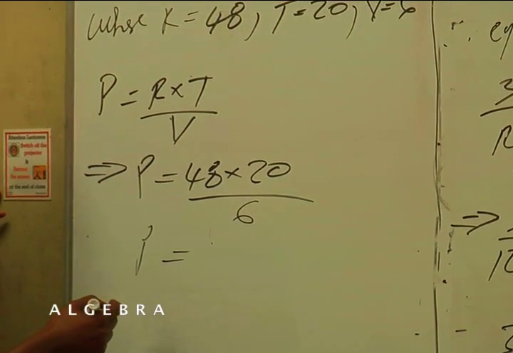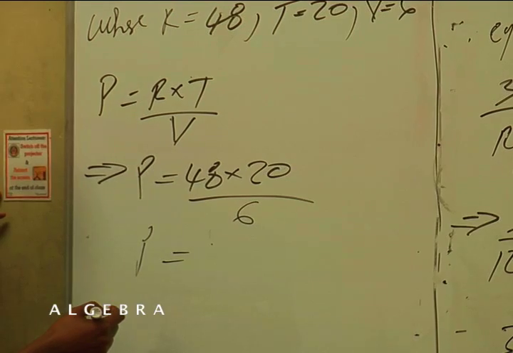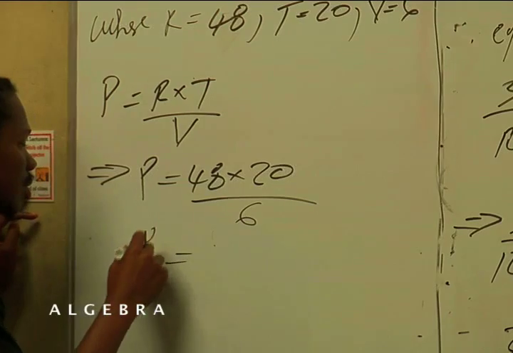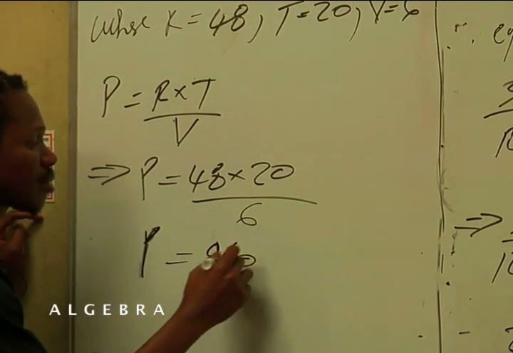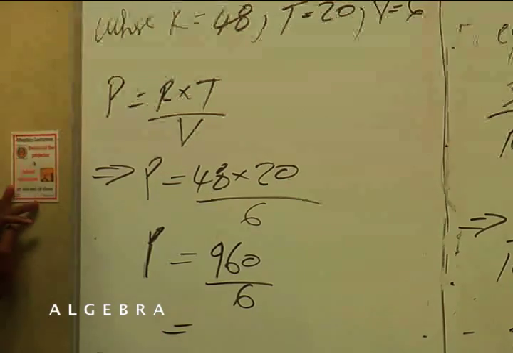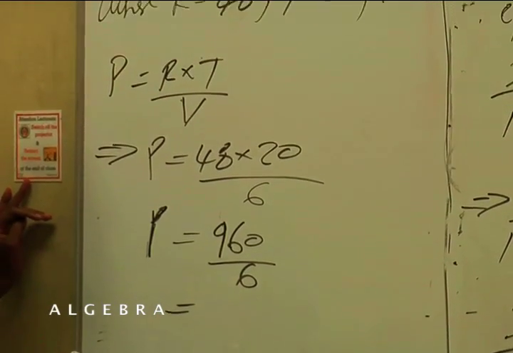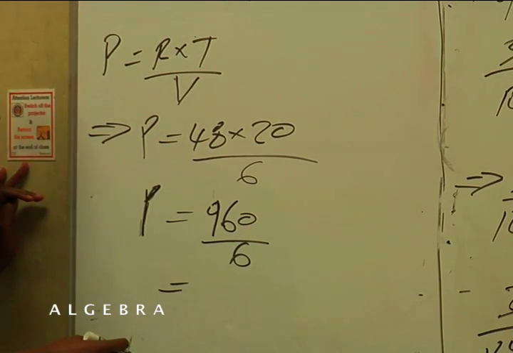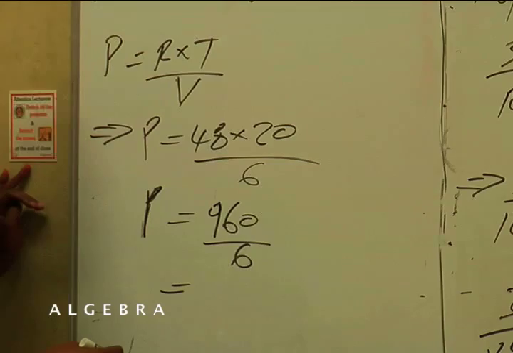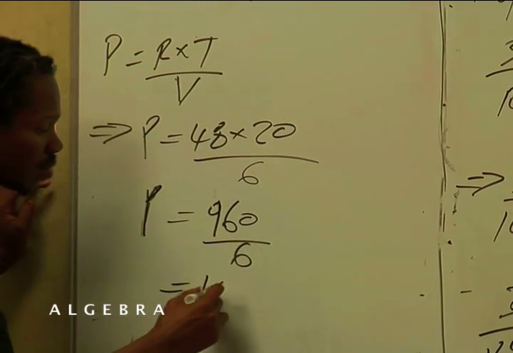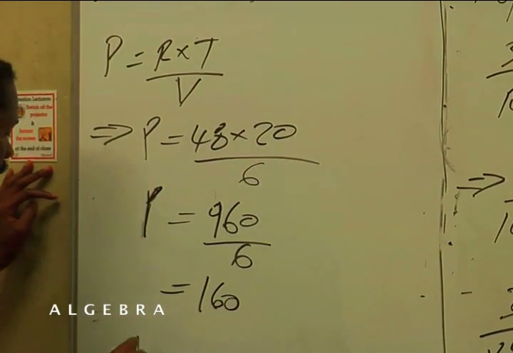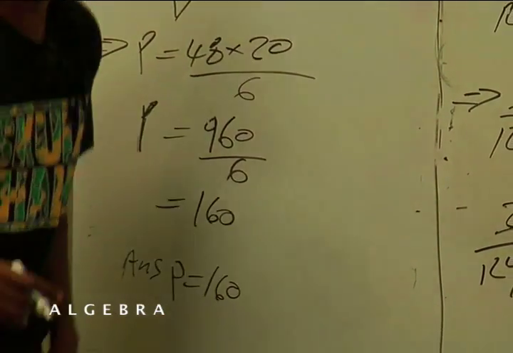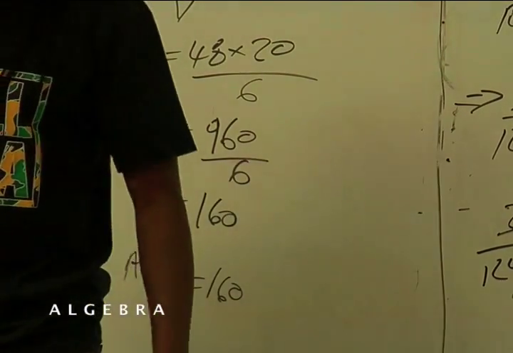That's 1,000 minus 40, so that's going to be 960 over 6. 960 over 6 equals what? 160. Answer equals 160.